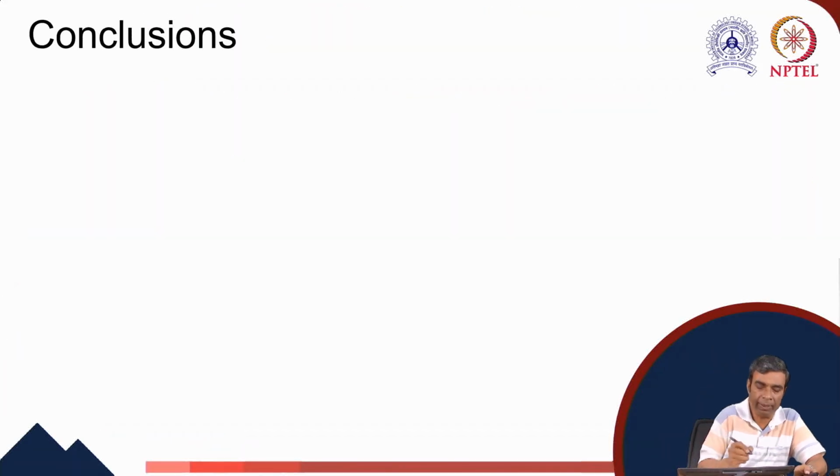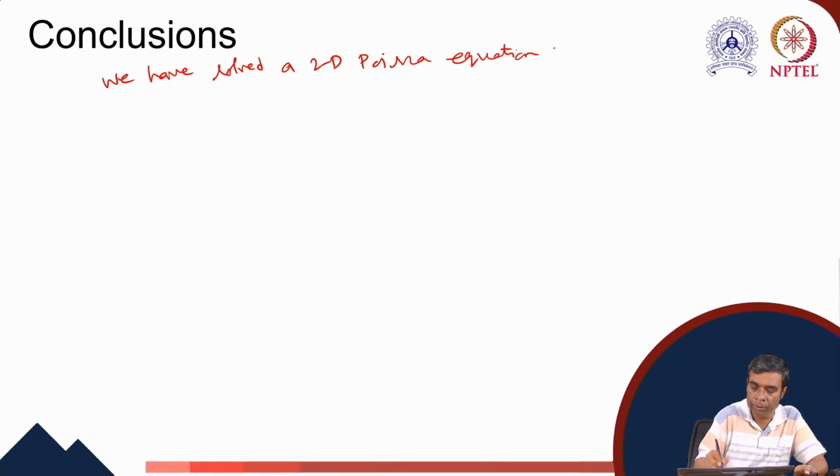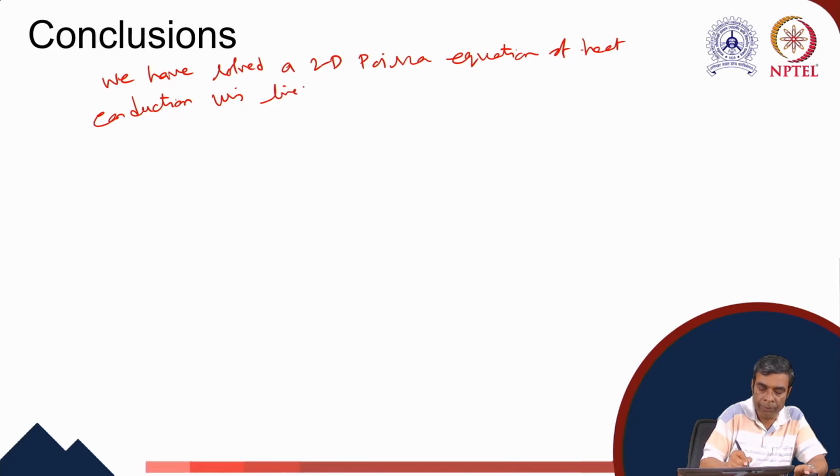We conclude today's class here. We have solved a 2D Poisson equation of heat conduction using linear triangular elements.